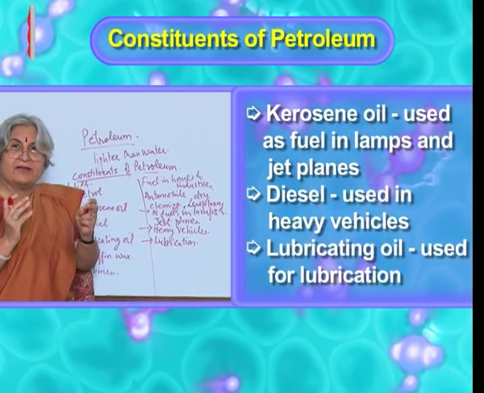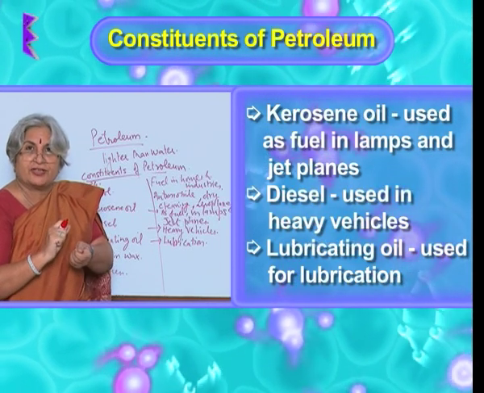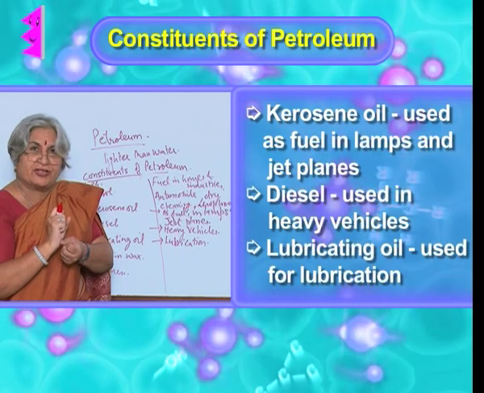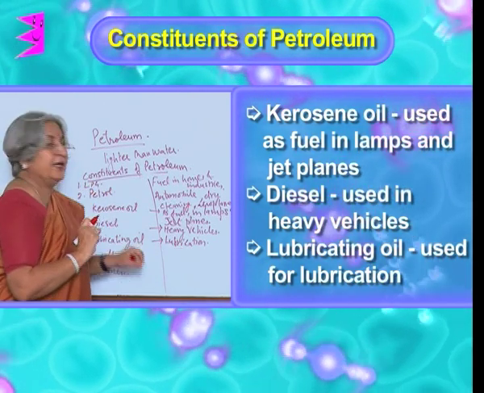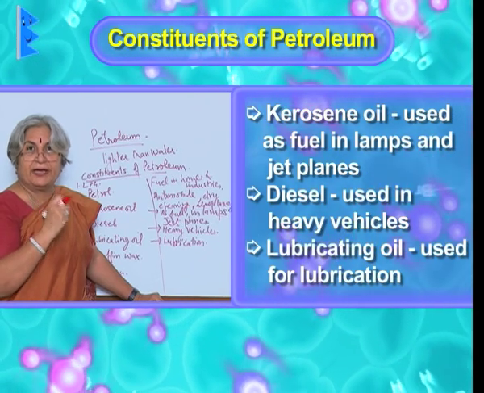When two surfaces are very hard and they rub against each other, it causes lot of friction and there is more wear and tear. So, when we want to reduce that friction, then we use lubricating oil. So, in machine parts we use lubricating oil.